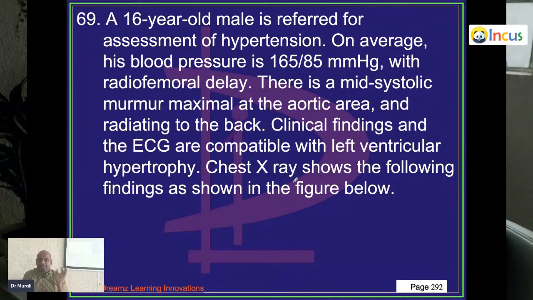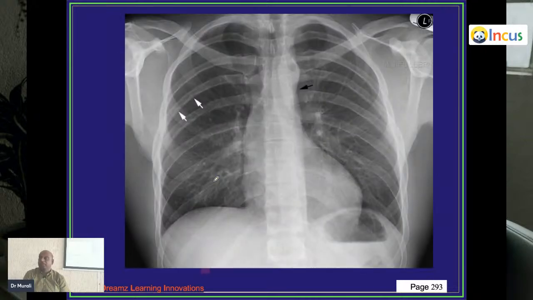A 16-year-old referred for hypertension. There is a mid-systolic murmur maximal in the aortic area and radiating to the back. There is left ventricular hypertrophy, right? So what do you see here? Notching along the inferior margin of the rib, which is typically seen in a hypertensive individual, means coarctation of the aorta.